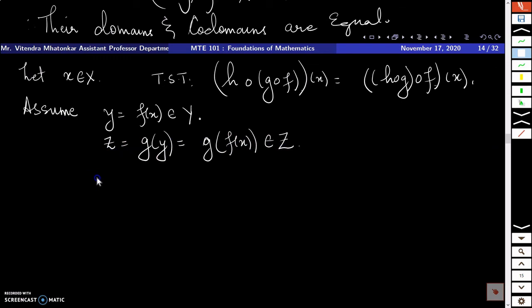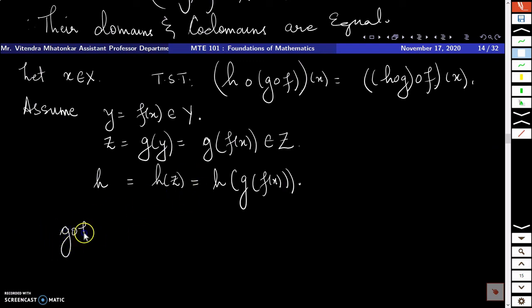Now h is a map from Z to W, and z is a point in capital Z. So I can talk about h of z, and let's call that small h, but small z is nothing but g of f of x. So this is h of g of f of x, right? So this is what we have. Now from this, what will be g composite f of x?